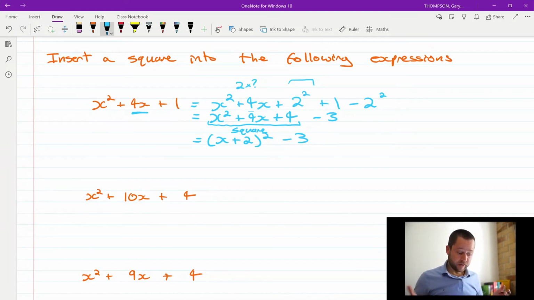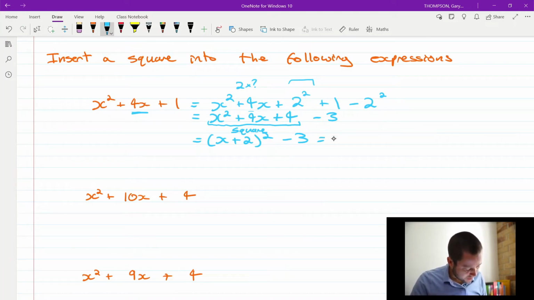Now I've inserted a square into this expression and I've factorized it. I didn't actually ask in the original problem to factorize, but I think it's good practice to do that while we're here. I'm now going to double check my work by expanding the factorization and collecting all the like terms to see if I get back to the original expression.